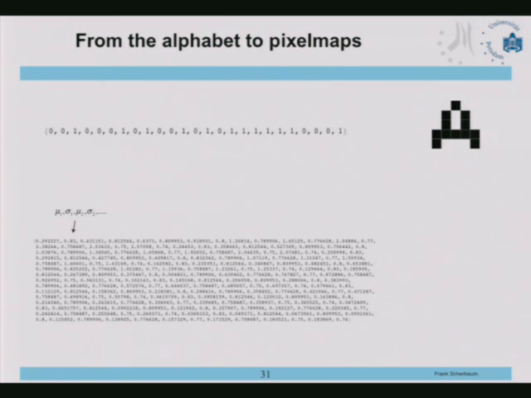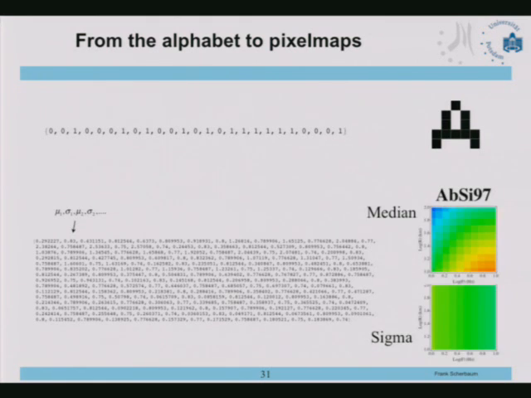And we can still visualize this vector in a very nice way. It's for a single magnitude and for frequencies and distances. So we have a two-dimensional image. And if we separate the median and the sigma parts, we can visualize them in these pixel grids. So here is the frequency axis and the distance axis, and the color code now shows the values, and the same for the sigma.